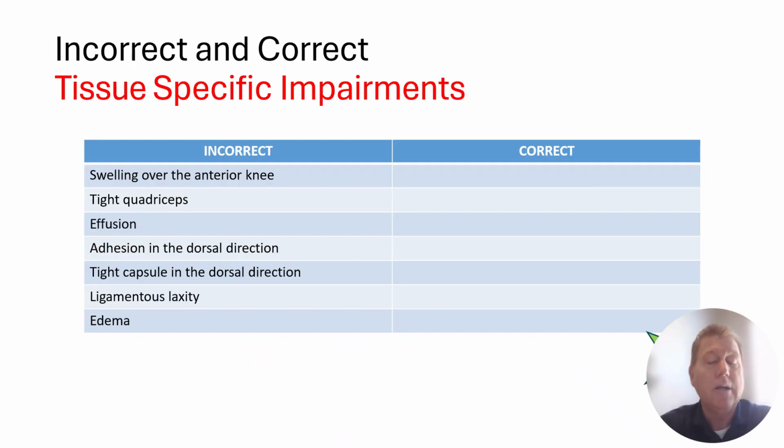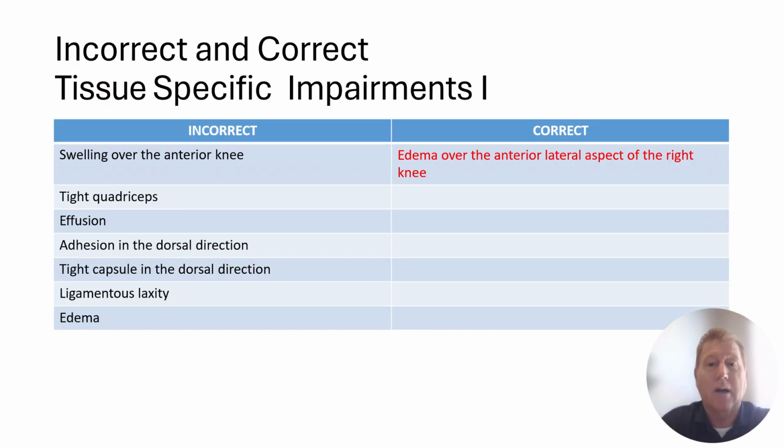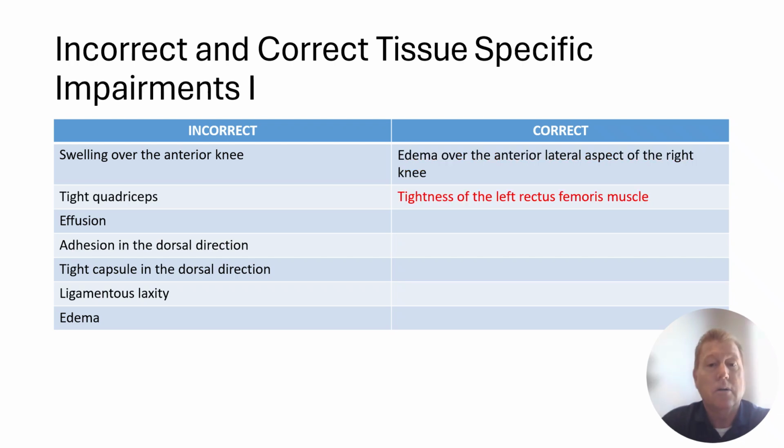So if we look at some incorrect statements over here on the left, we might ask you to come up with a correct statement. For instance, swelling over the anterior knee is missing a side. So we might say edema over the anterior lateral aspect of the right knee. If we look at the next one, we might say tightness of the left rectus femoris versus quadricep muscle.